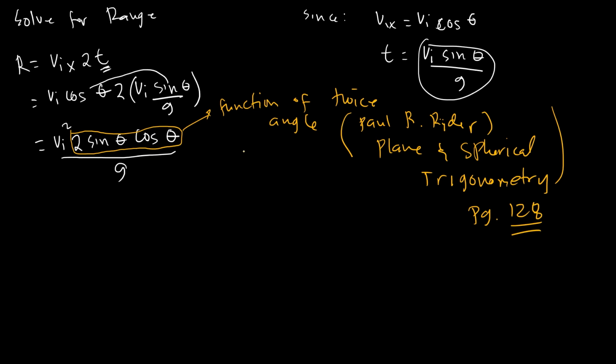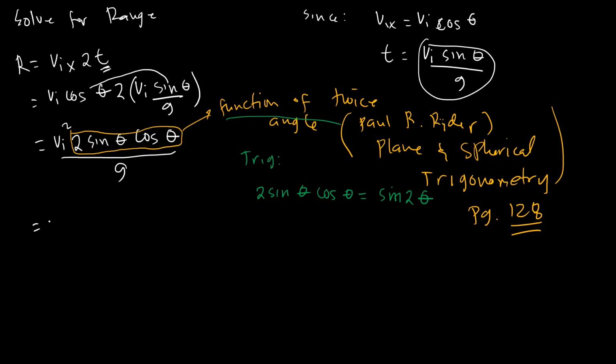The function of twice angle states there that 2 sine theta cosine theta has a trigonometric identity of, the trigonometric identity of that is 2 sine theta cosine theta is equals to sine of 2 theta.